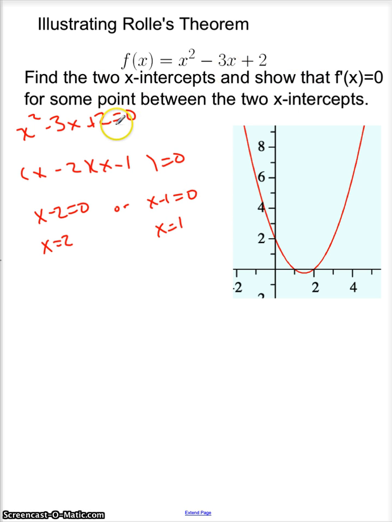So I found the two intercepts and now show that f prime is 0 somewhere between. Well, let's find f prime. So that is 2x minus 3, and that equals 0 when x is 3 halves. And lo and behold, 1 is less than 3/2 is less than 2. It's between, not equal.